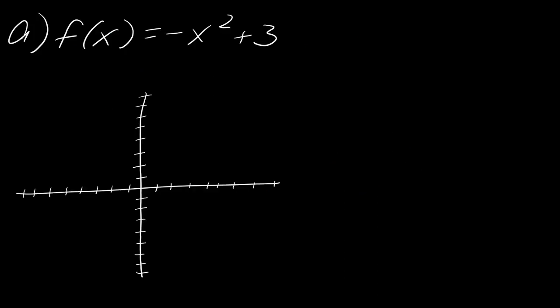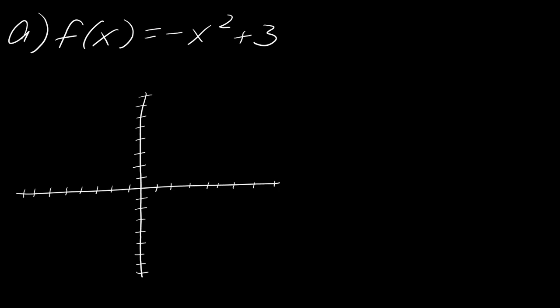All right, so I've got f of x equals negative x squared plus 3. And what I want to do is first just describe what is happening. We've got the graph of x squared, and you should know what that graph looks like if you watched my other video. And what's happening to that graph is I've got the negative out here.